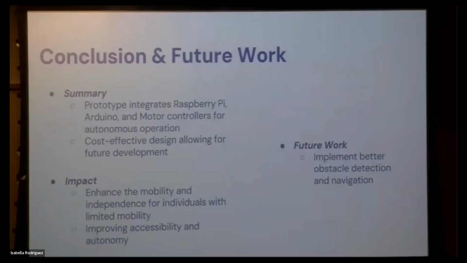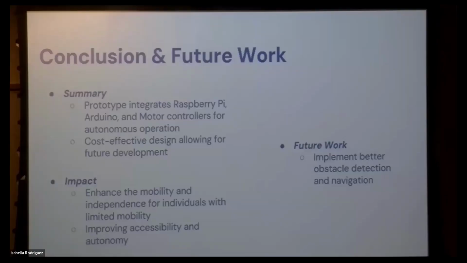And then for our conclusion and future work, to summarize this whole presentation, it's to give a representation of a prototype using three specific boards for autonomous operation, and also showing how cost-effective design allows for future development. So if upcoming seniors want to tackle this challenge, they'll be able to see all the schematics, all the lab reports, and all documentation will be provided.